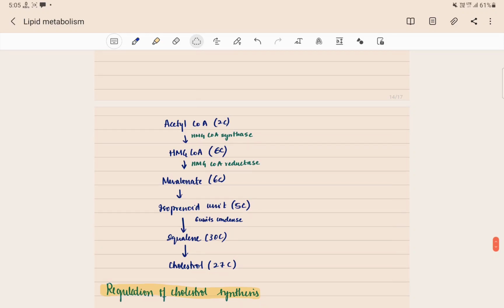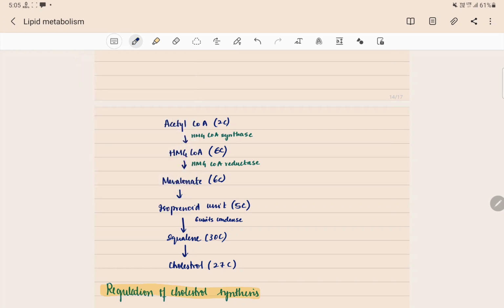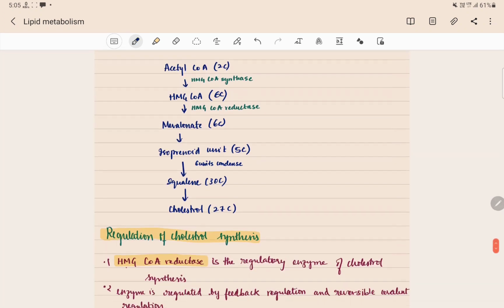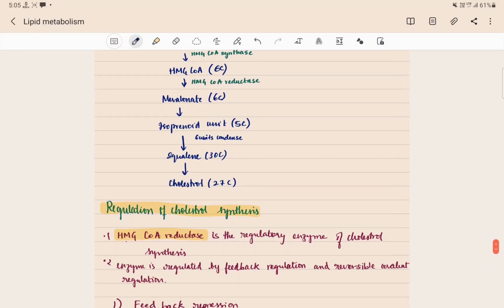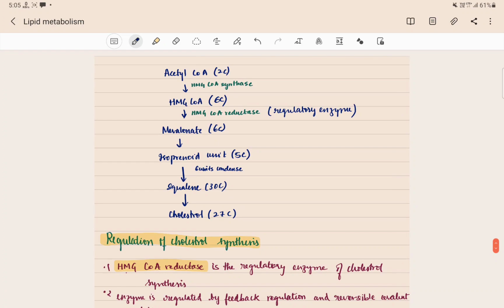Acetyl-CoA is converted to HMG-CoA by HMG synthase, and HMG-CoA is converted to mevalonate by HMG-CoA reductase. HMG-CoA reductase is the regulatory enzyme here, and it regulates cholesterol synthesis.